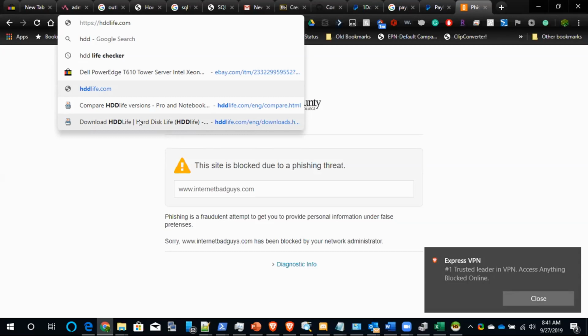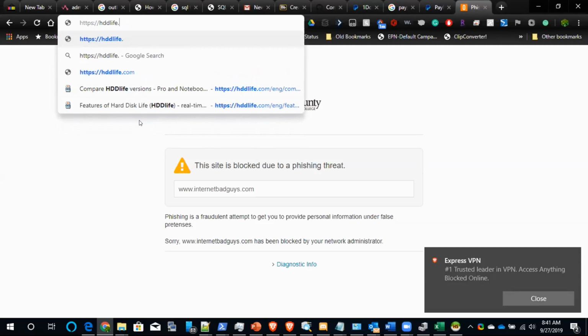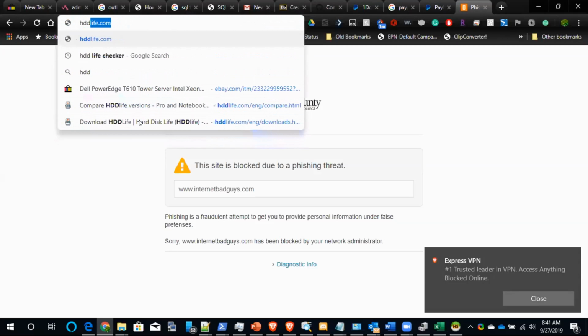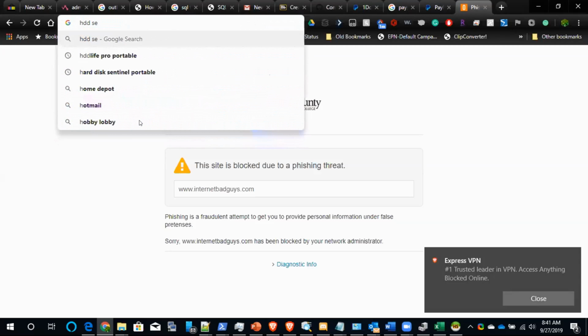The one on my computer I think I used HDD Sentinel. Hard Disk Sentinel. Yeah, Hard Disk Sentinel is what I used on my computer to tell me how much I have left. Any other questions?